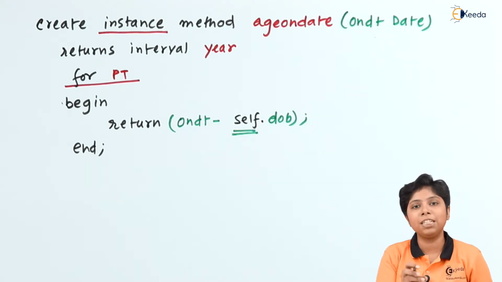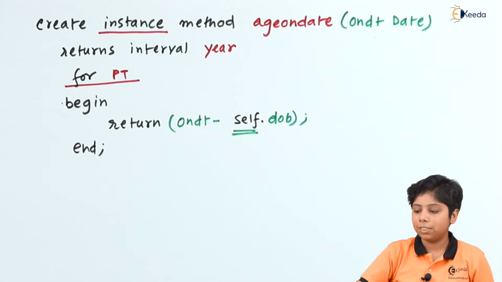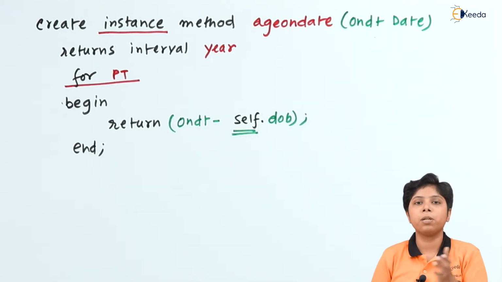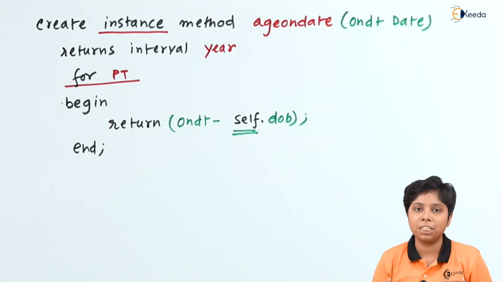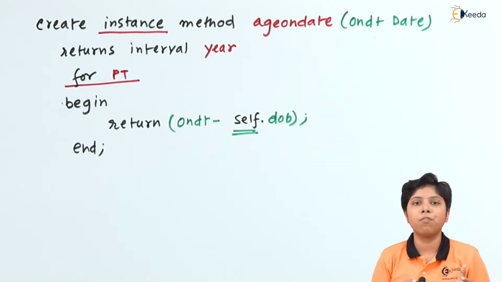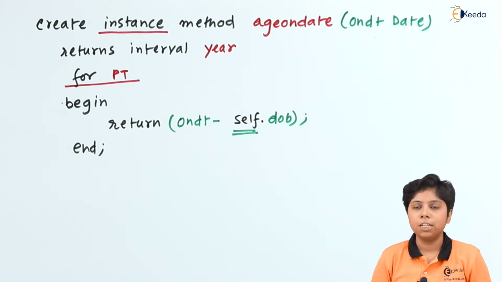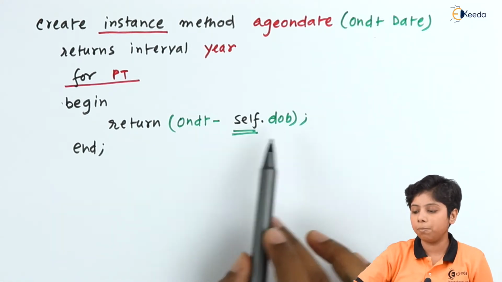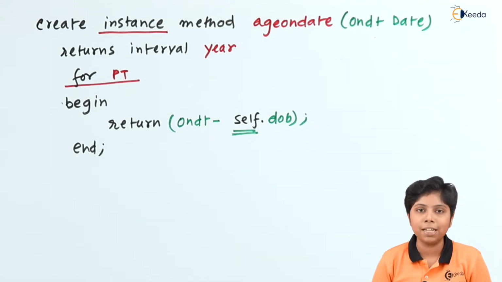Self refers to each tuple on the relation. Self.dob means first it will be considered for the first one, second for the second one, and if there is some condition with the select statement, then it will look only at that tuple which satisfies the condition. So in this way, self.dob will be subtracted from ONDT to give how many years they have lived, or what their age is.